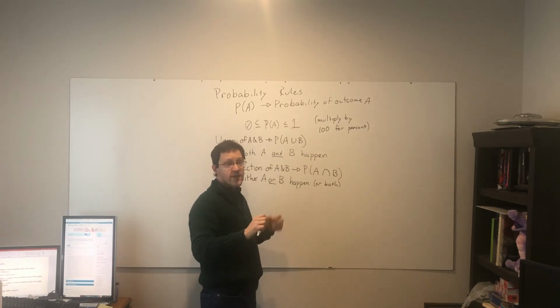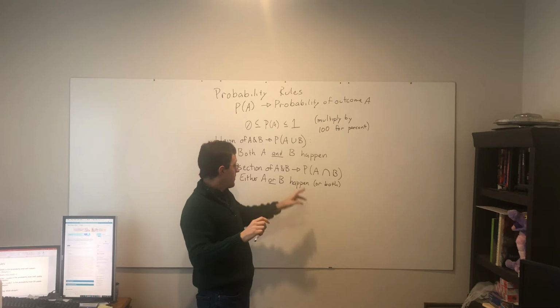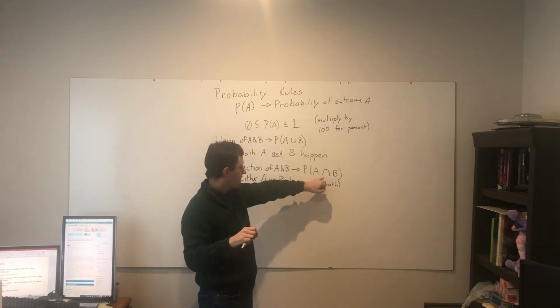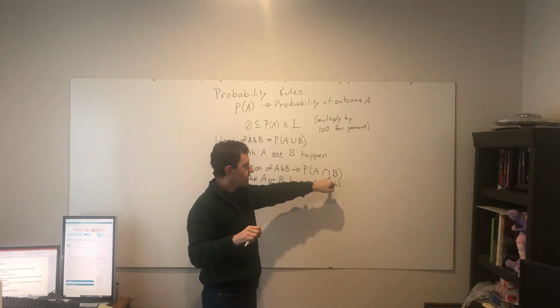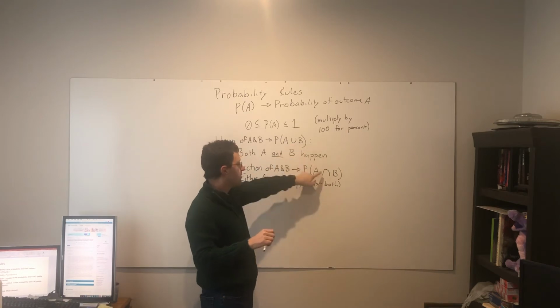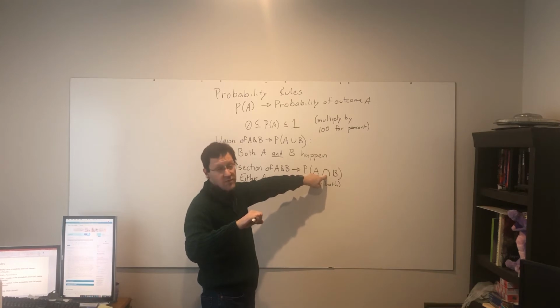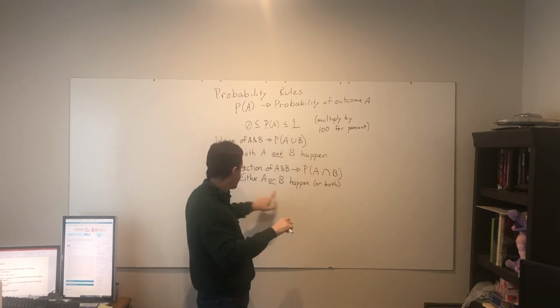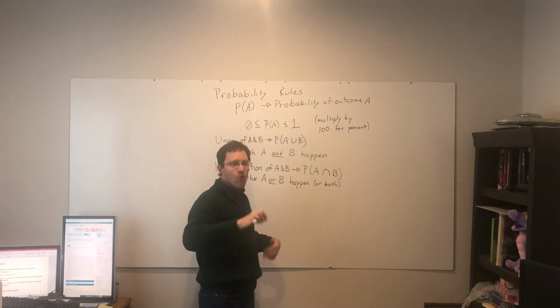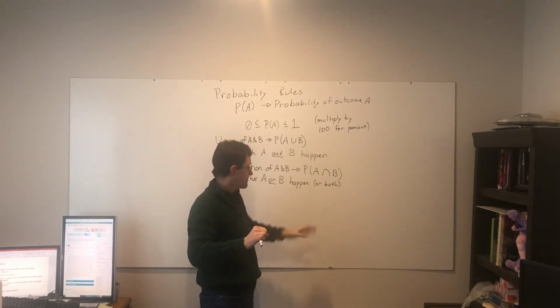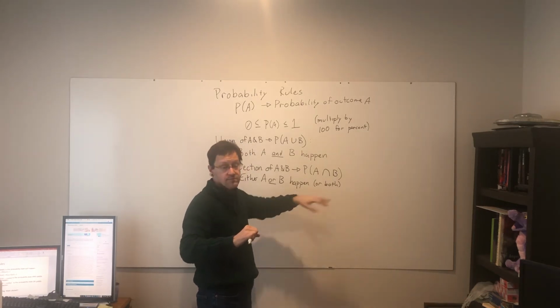The other way is the intersection, which is P of A intersect B, and that's the upside down version of the union. It looks a bit like an N, lowercase n, so that's how you might remember it's the intersection. And it's the case that either A or B happens, or both.